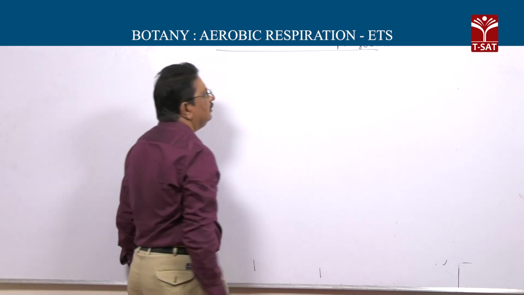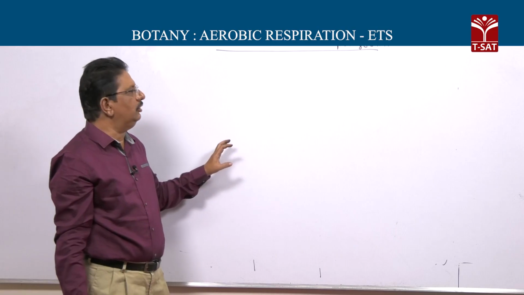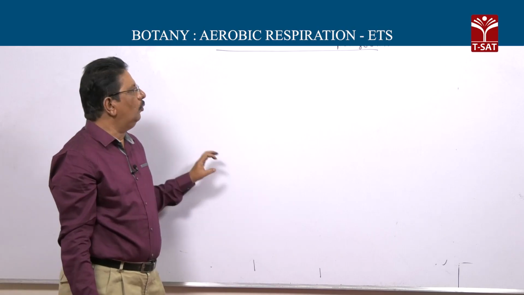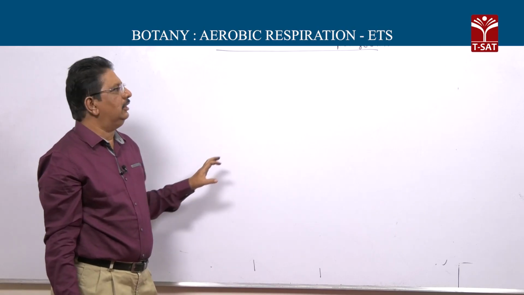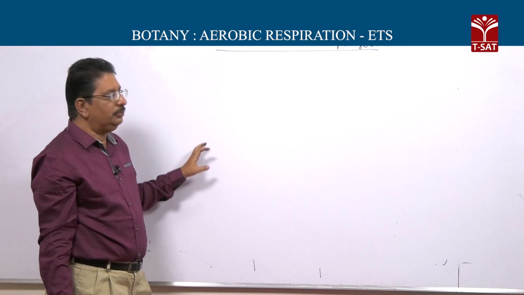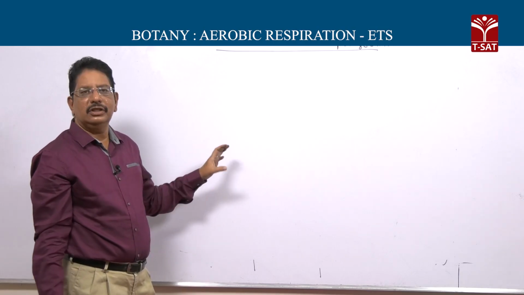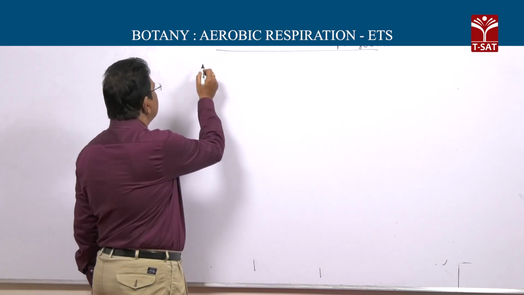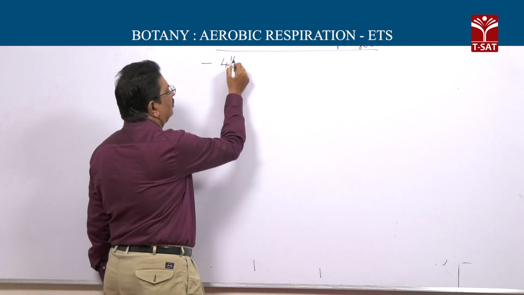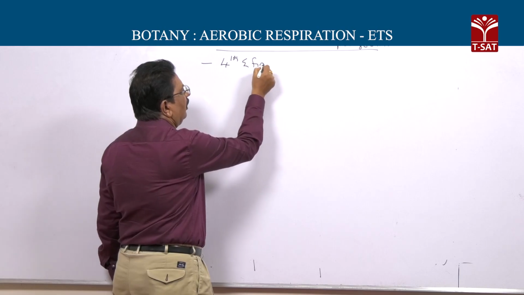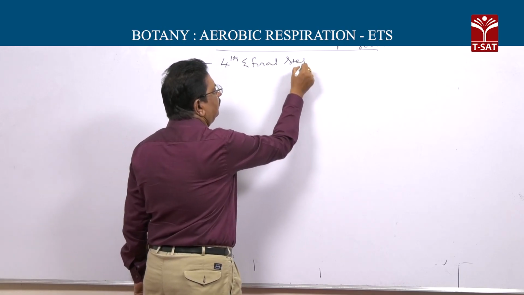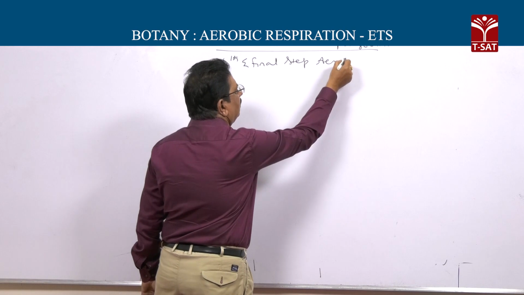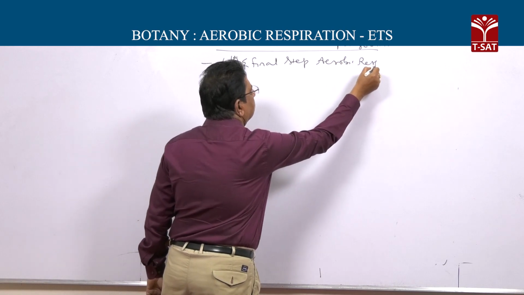Where is this event going to occur, what are the important reactions, and the result of this reaction? Coming to this one, in sequence, it is the fourth and final step in aerobic respiration.